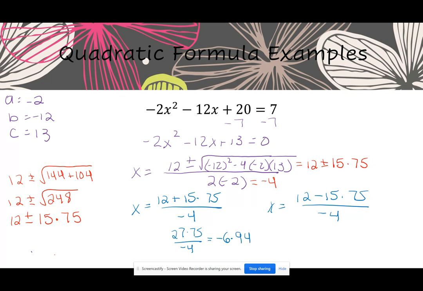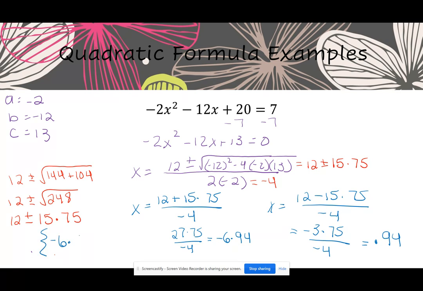And over here, if we do 12 minus 15.75, we get negative 3.75 divided by negative 4, which gives us positive 0.94.